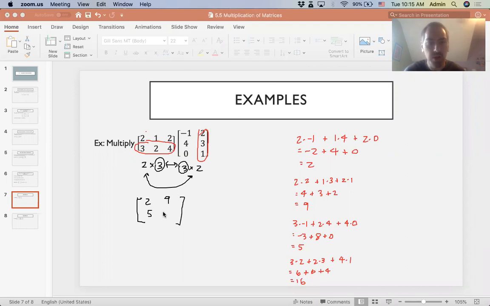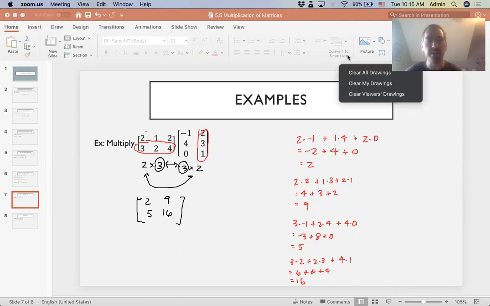And this is our product: 2, 9, 5, 16. Now in our next video, we're going to be interested in finding the inverse of this matrix. Since we don't have the operation of division, we can talk about the inverse. And a matrix times its inverse will result in the identity matrix. Not getting ahead of ourselves there.